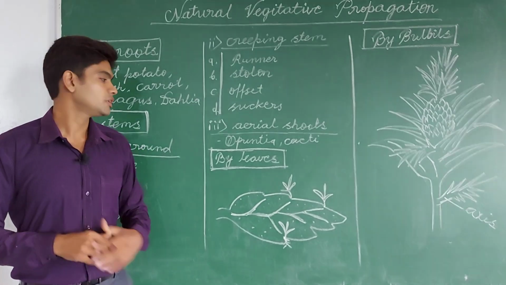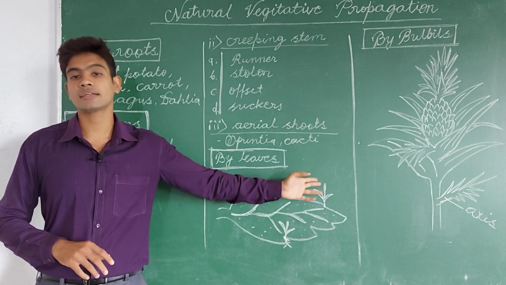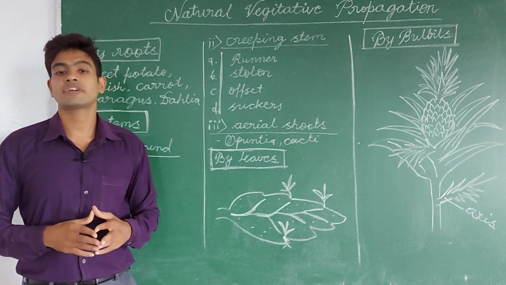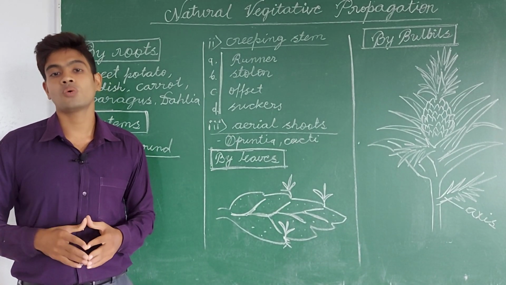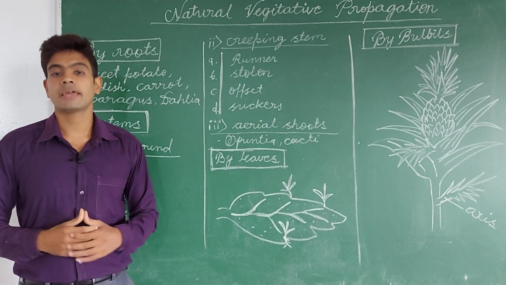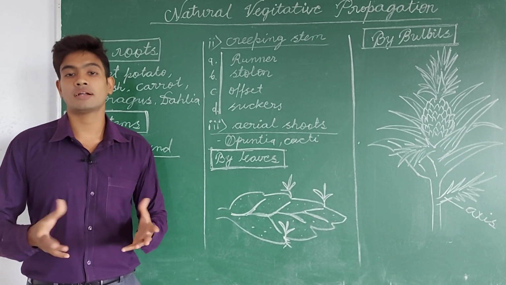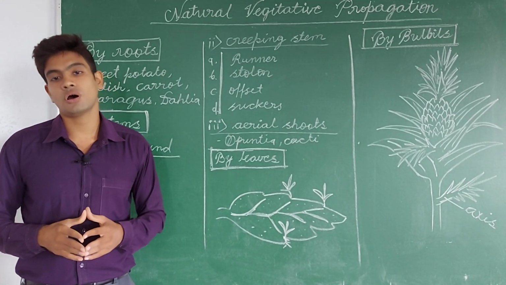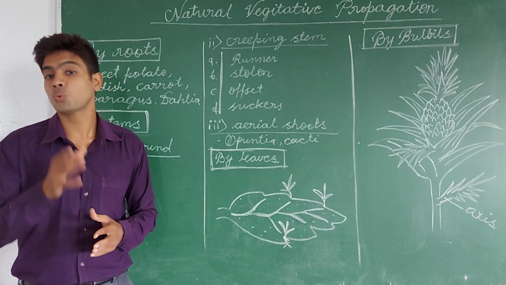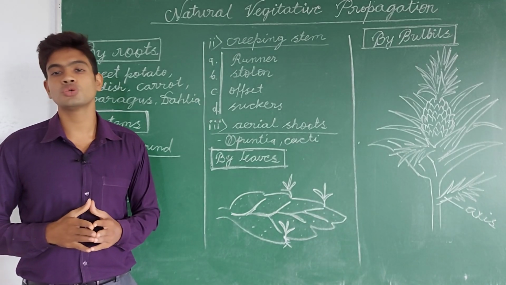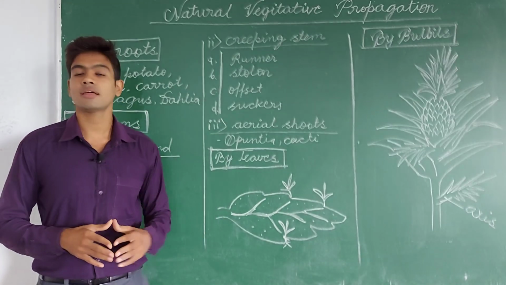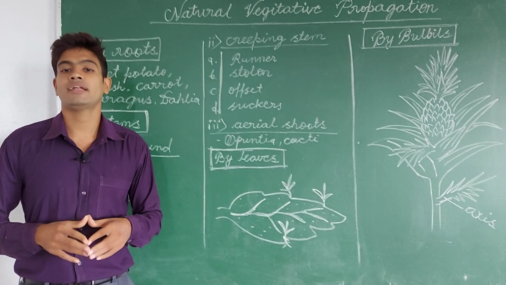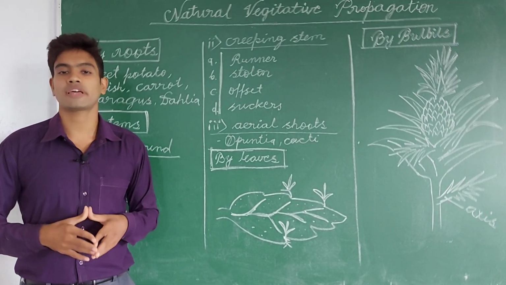The best example is opuntia and other kinds of cacti. When opuntia and other cacti are thrown on the ground, after some days they get transformed into new plants themselves. Similarly, the stem segment of sugarcane with at least one node is also used for cultivation of sugarcane. It develops into an entire new plant of sugarcane.